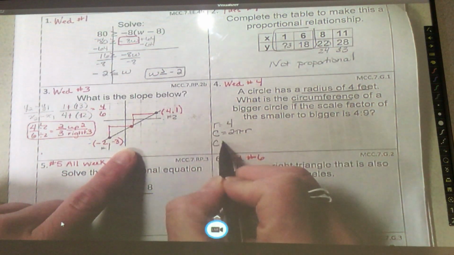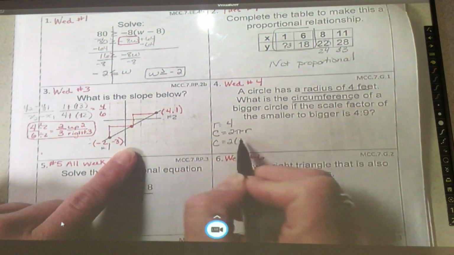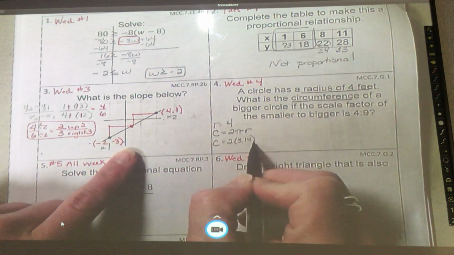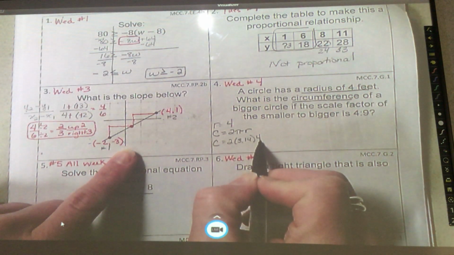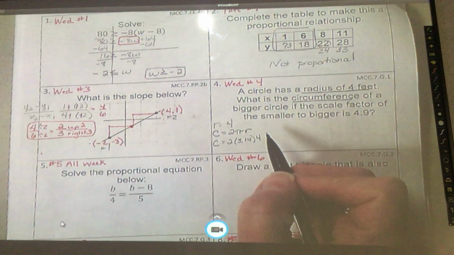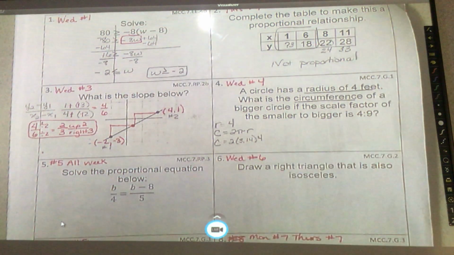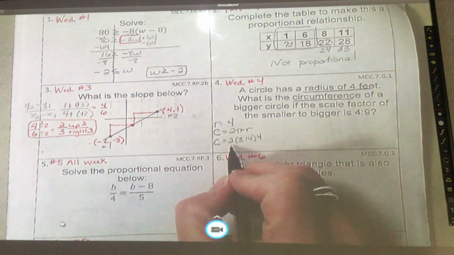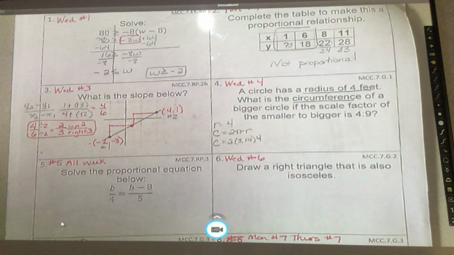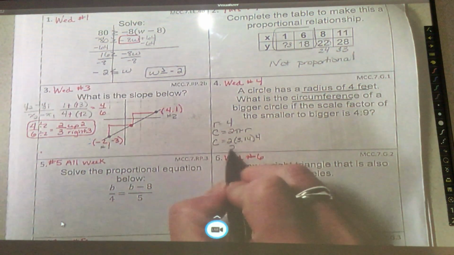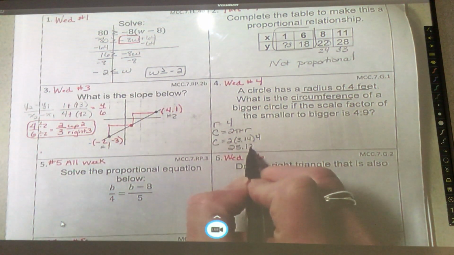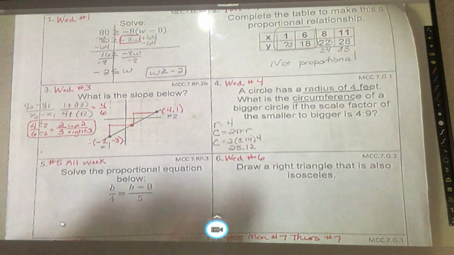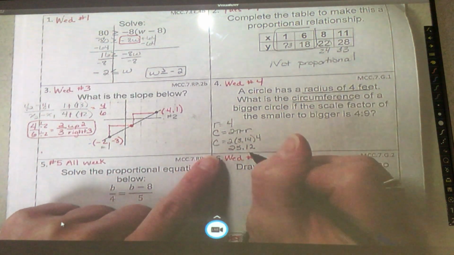So the circumference is 2 times 3.14 times 4, which would equal, what do you have? I have 25.12. Okay? So that's the circumference.